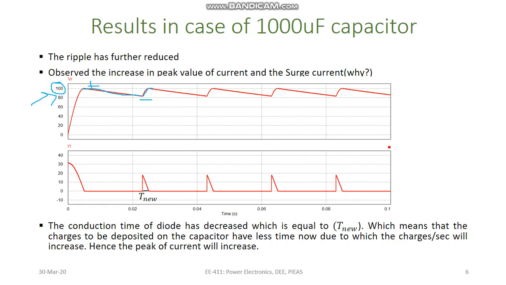Now you see that the capacitor is charging during this time period, and this is the time period during which the diode is operating. And this time period has been labeled as T new.